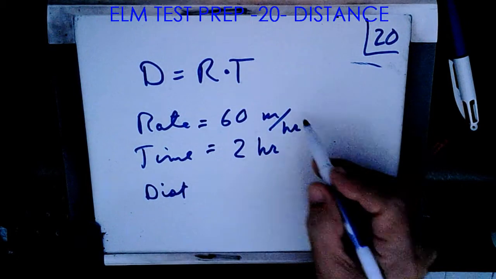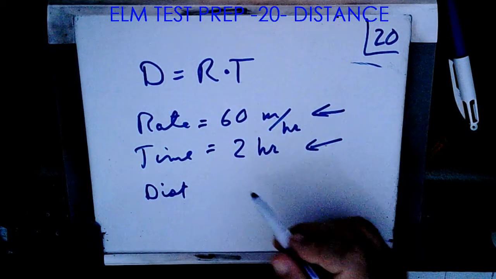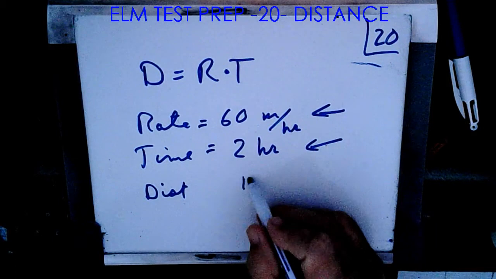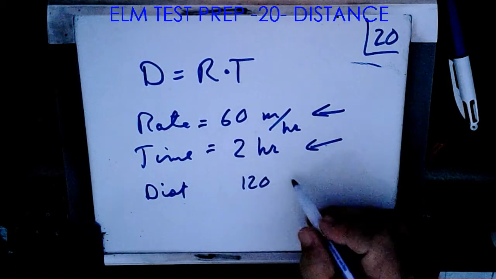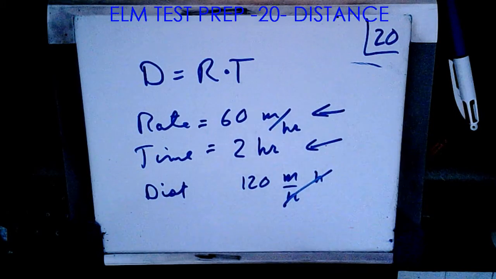Well, distance equals rate times the time. So this would be 2 times 60, which would be 120. And if I multiply my units, miles per hour times hours, the hours cancel out, and we can see that my distance would be 120 miles.